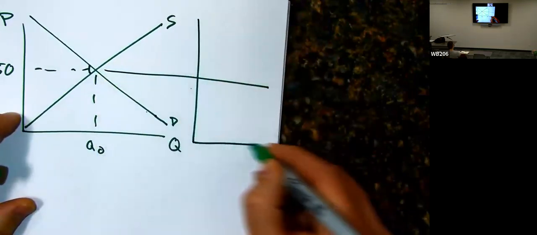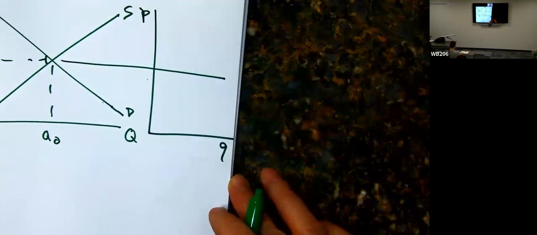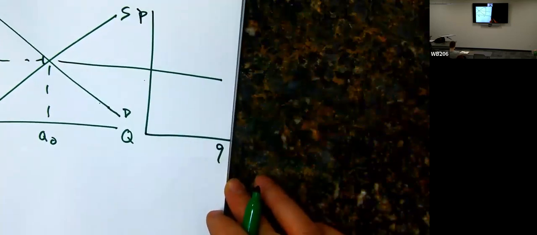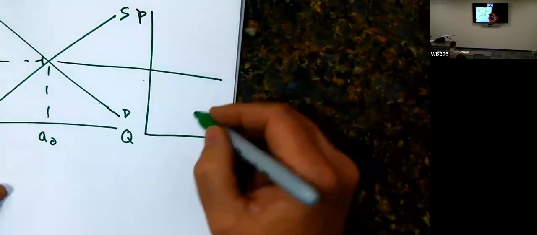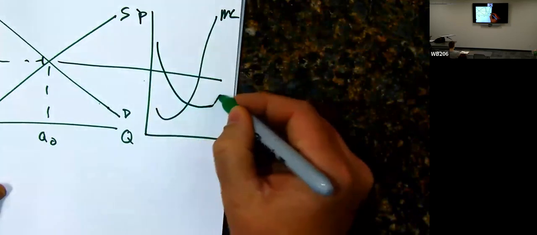Right. This price of 50 is carried over into the decision of the representative firm. We're going to use like a lowercase p and a lowercase q to talk about the decisions that are being made by the individual firm. And that individual firm is going to face its marginal cost curve and its average total cost curve.